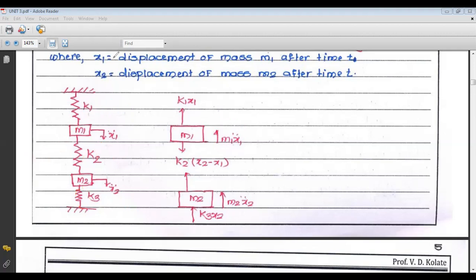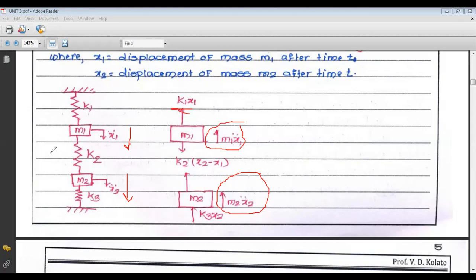So x1 is the displacement in downward direction, x2 is also displacement in downward direction. This is the inertia force in upward direction for mass m1, and this is the inertia force for mass m2, also in upward direction. Then this spring force opposes the displacement, so K1 x1.